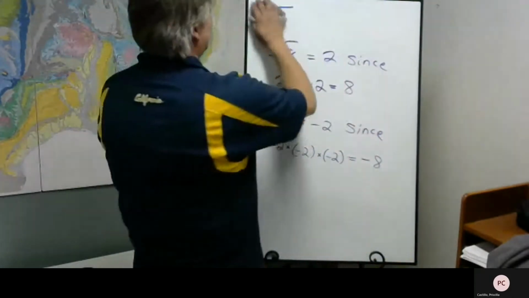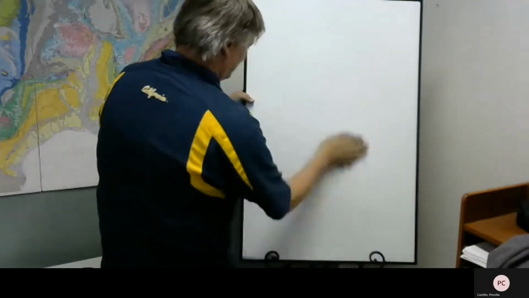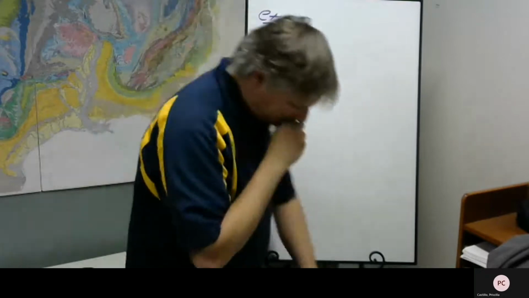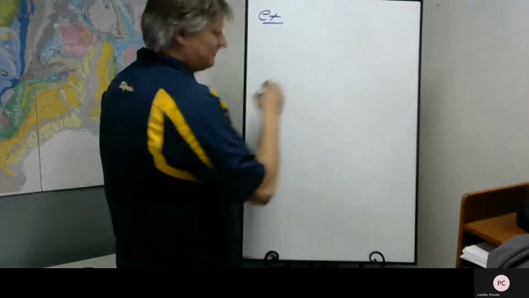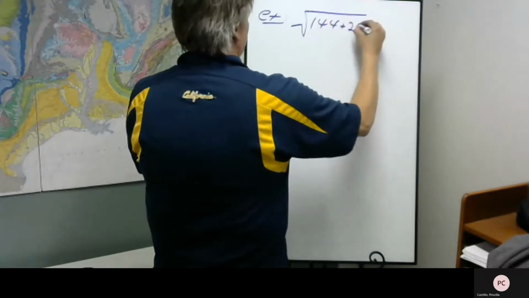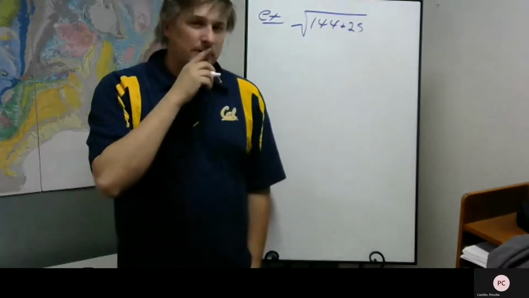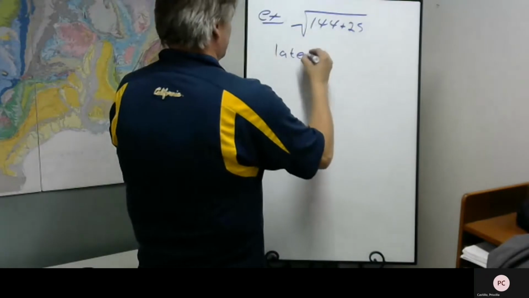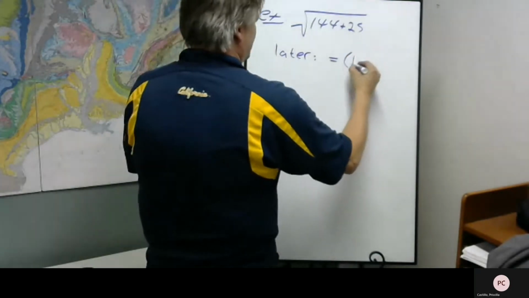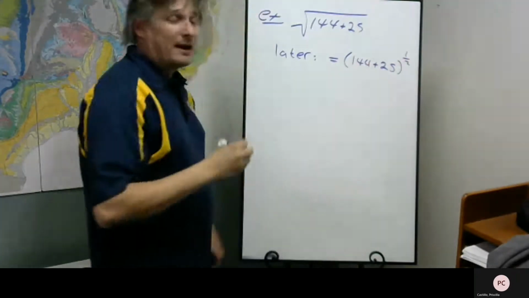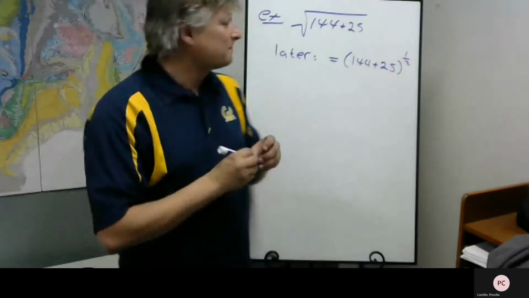So let me do another example. Let's say we have this. Now, later on, what we're going to learn is we can treat this as 144 plus 25 to the 1/2. And we're going to find that out in section 7.2.